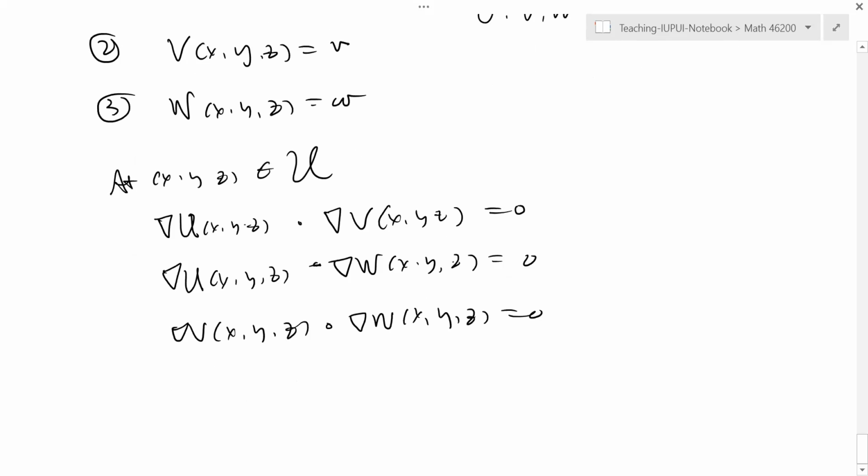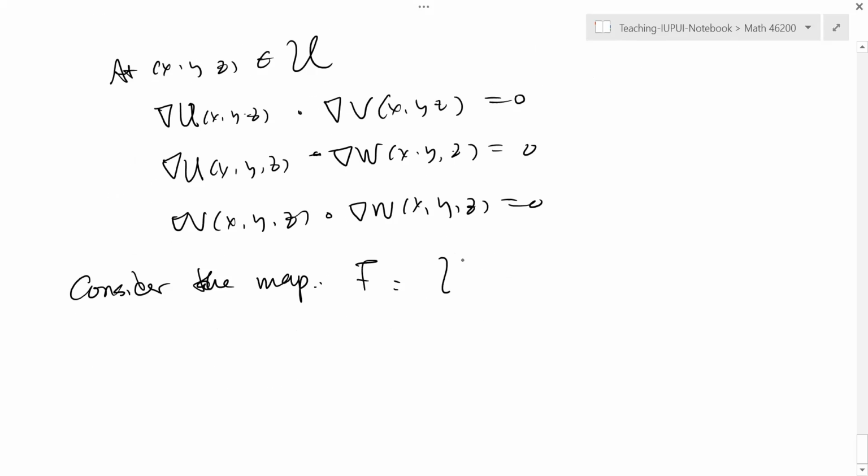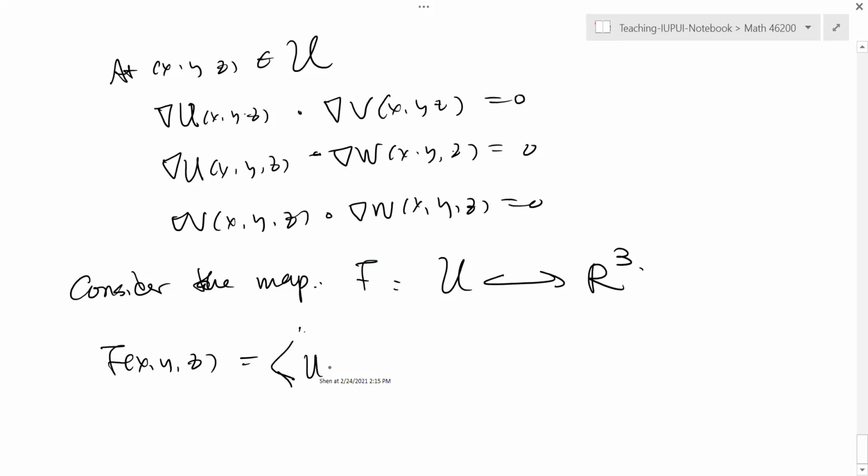I'm going to consider a map. This map is constructed by F from U into R3, and defined by the following formula. So this family of level surfaces, you can use that to define the 3 functions.